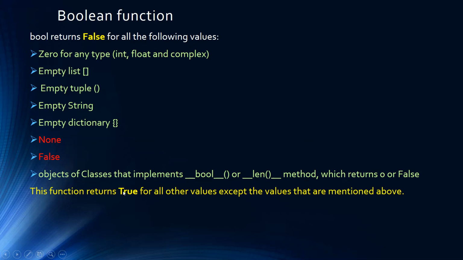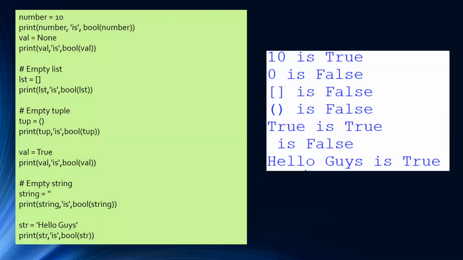Okay, now I'll explain this by showing you an example. So if you see here, I assigned 10 to a number. So number is actually my integer variable. And I'm asking whether bool of this number is true or false.